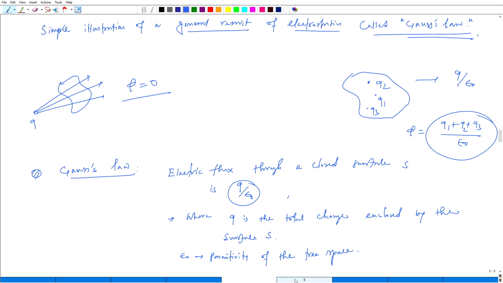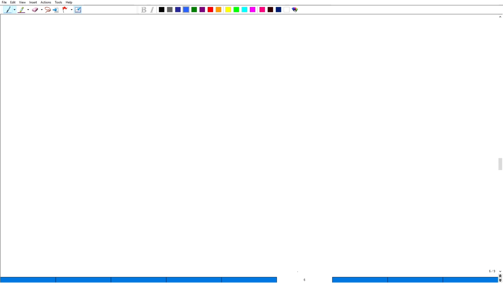And the total electric flux through a closed surface is 0 if no charge is enclosed by the surface.